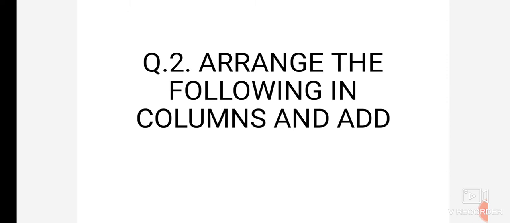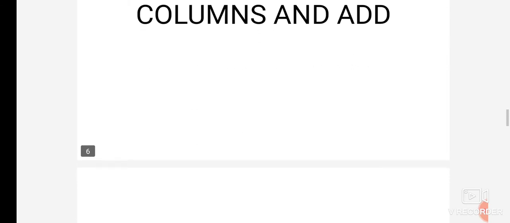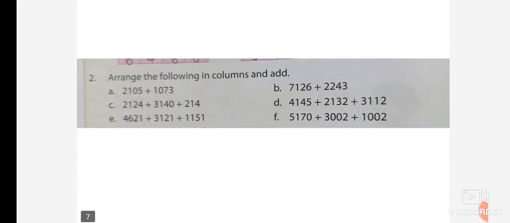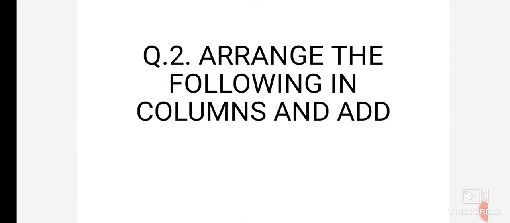First we have to arrange the numbers in the columns and then we have to add. As you can see in the textbook, there is no space to solve, so we will solve these sums directly in the notebook. The first question is what we have done in the notebook as well as in the textbook.